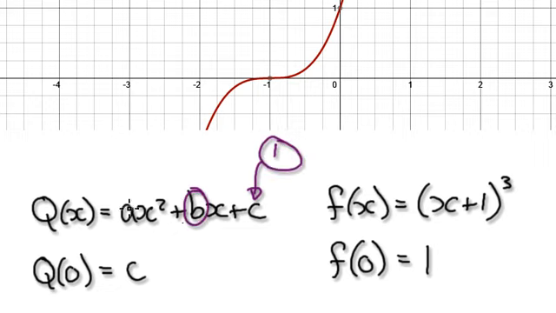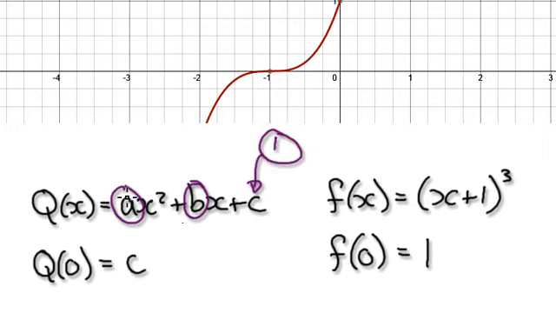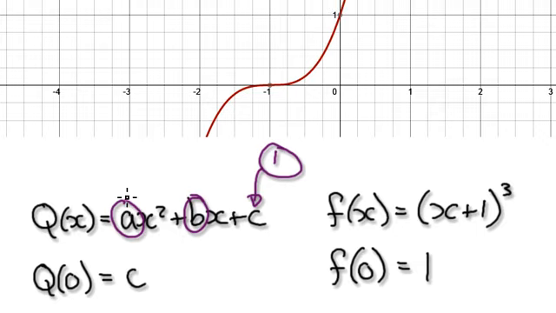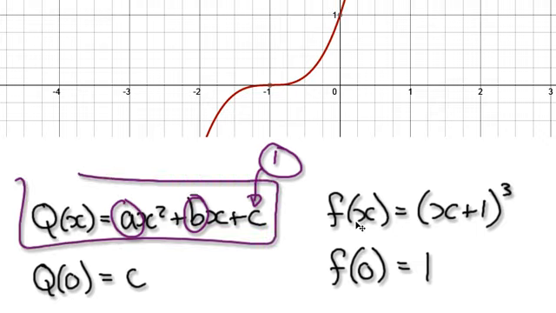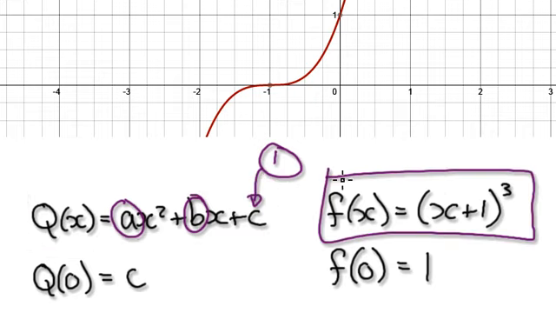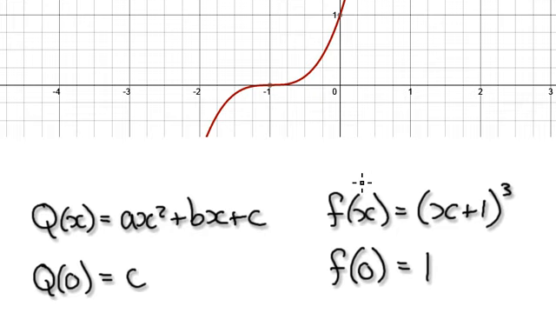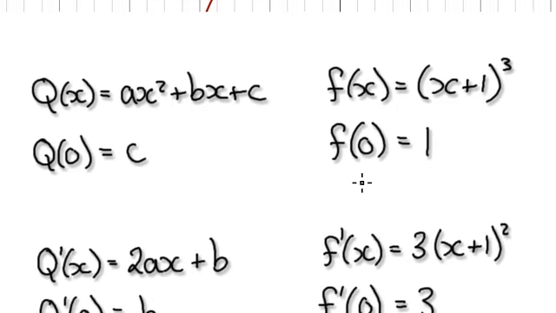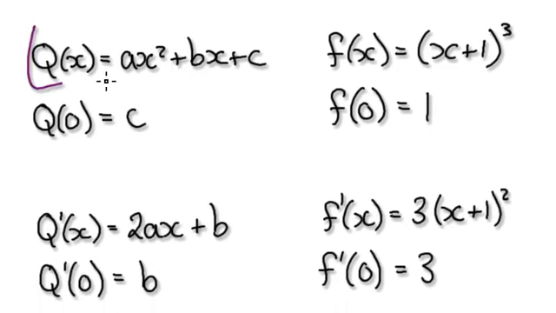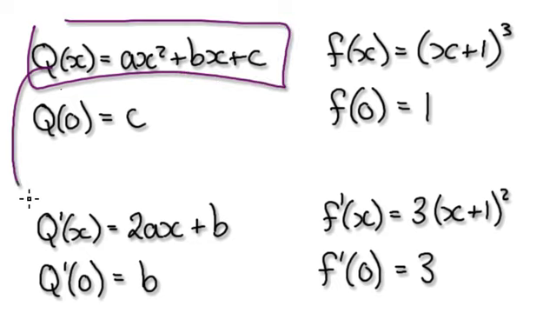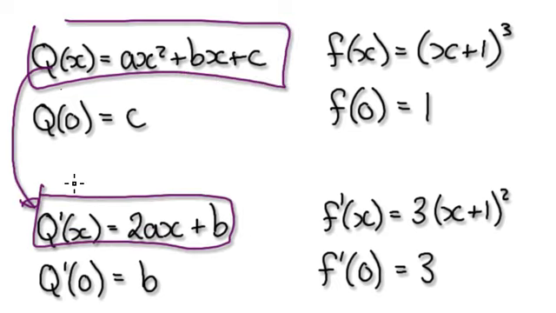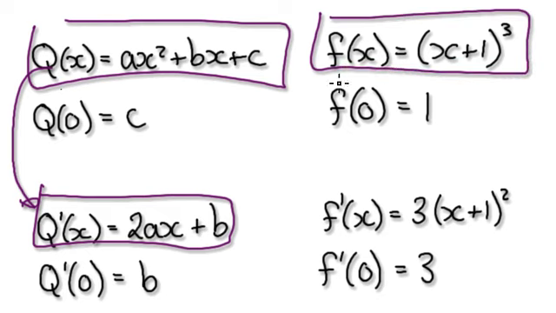Okay, now we've got to find b and a. The next step is to look at the first derivative of our quadratic and the first derivative of our original function, and then set the two first derivatives to be the same. So our original quadratic, differentiated, will give us this. Our original function, differentiated, will give us this.